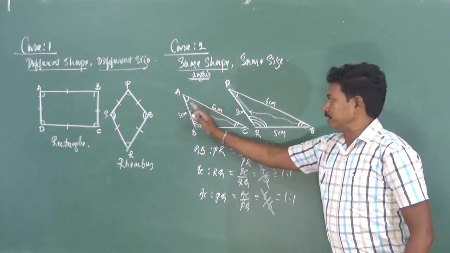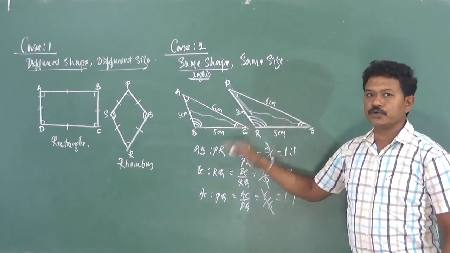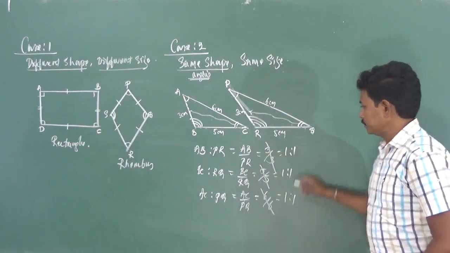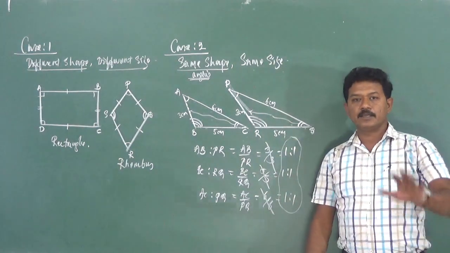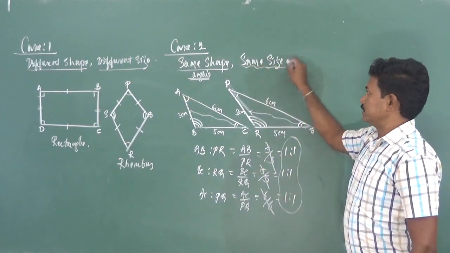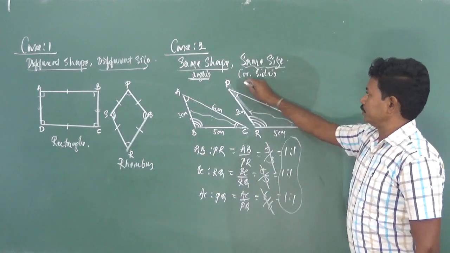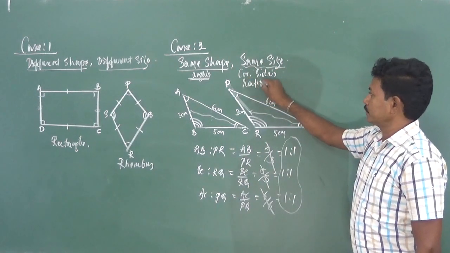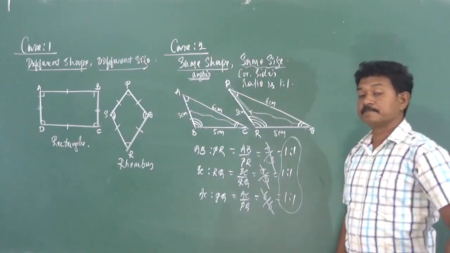Because when we take the ratio between their corresponding sides, the ratio is exactly 1:1, 1:1 and 1:1. Therefore, they appear to have the same size. So the corresponding sides ratio is compulsorily 1:1.